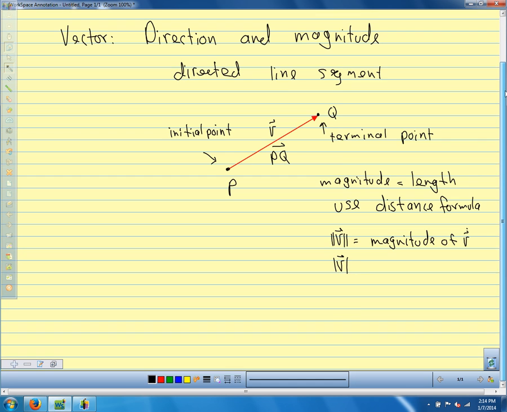Vectors are equal if they have the same magnitude and same direction.